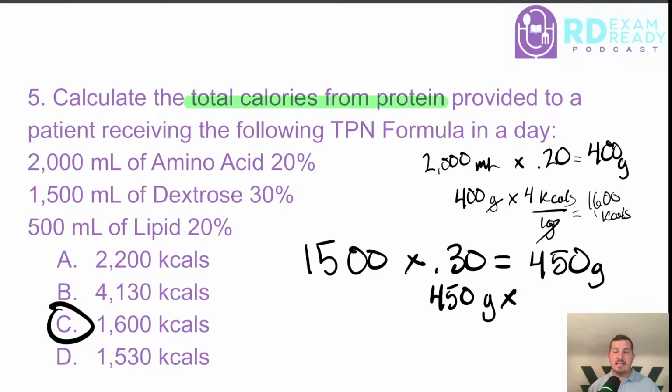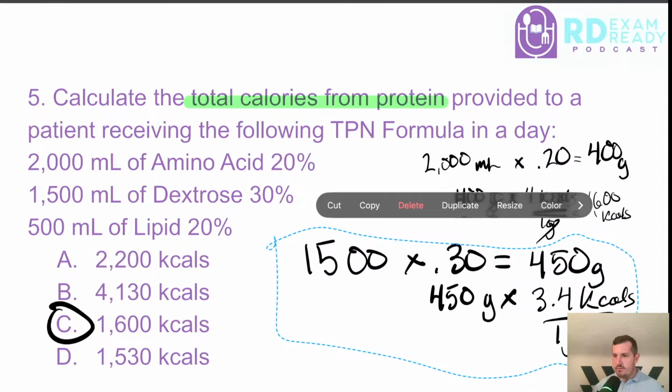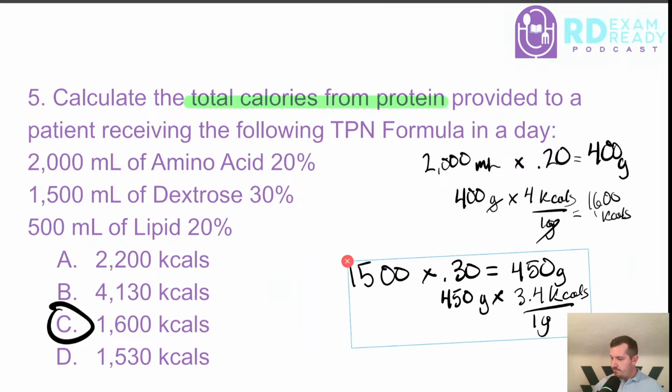No, that wouldn't be right, Zach, because dextrose has a little less calories than carbohydrates. So dextrose would be 450 grams times 3.4 kcals per gram, which gives right around 1530 or so.